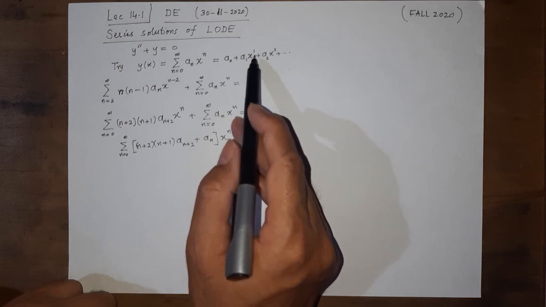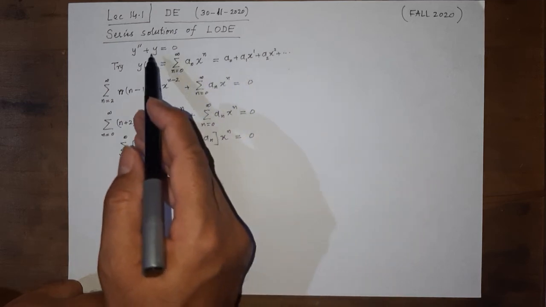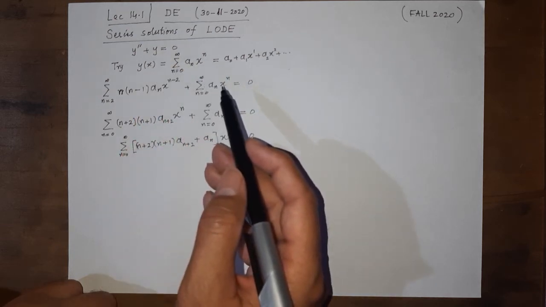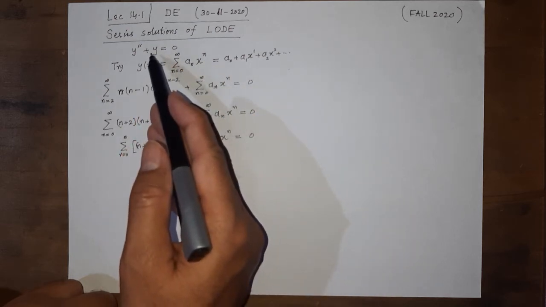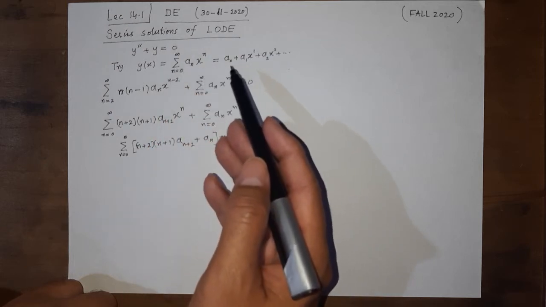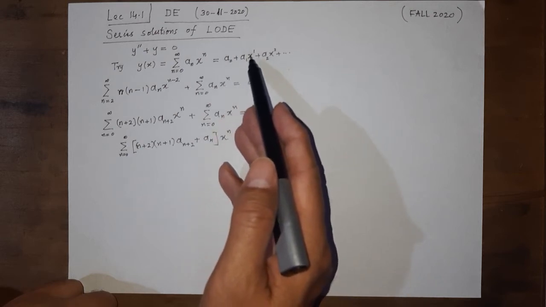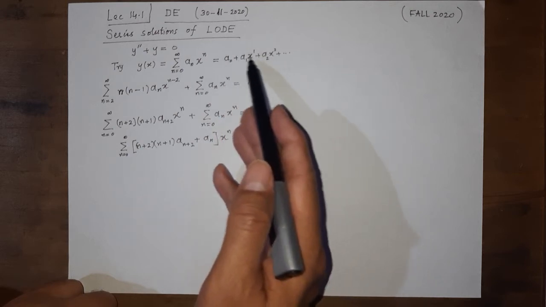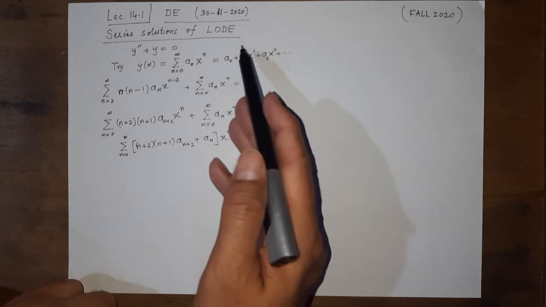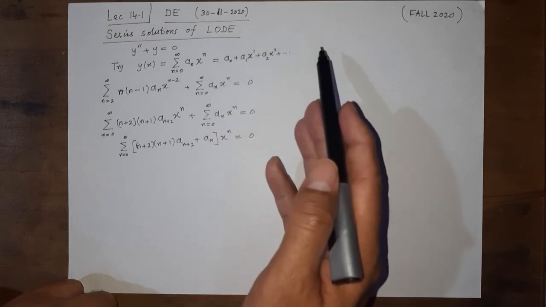And with all of them being 0, the function y depends on something that is 0. That is a trivial solution, and we are not interested in that. So if x is not 0, then this whole thing can be equal to 0 only when a naught is 0, a1 is 0, a2 is 0, and so on.